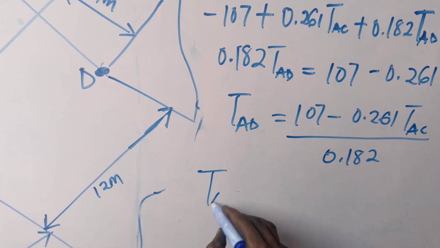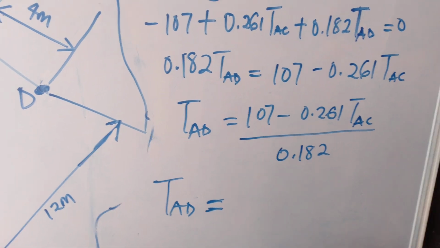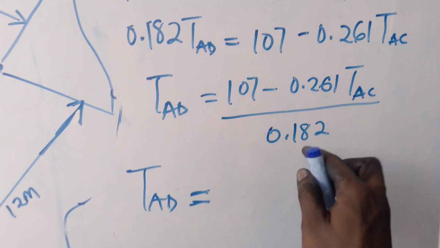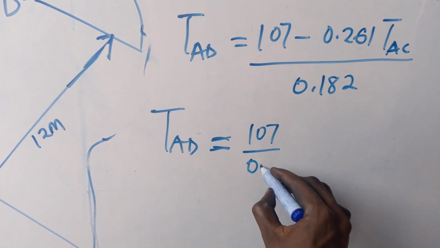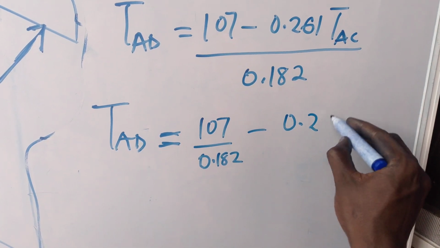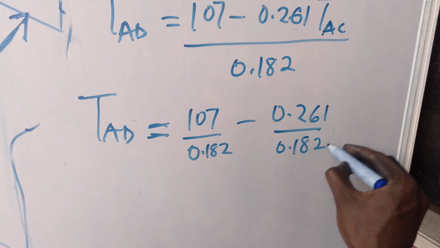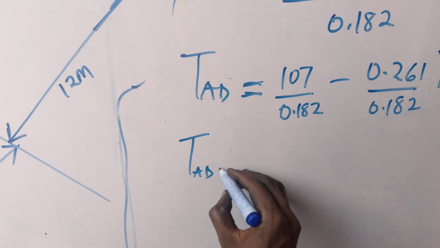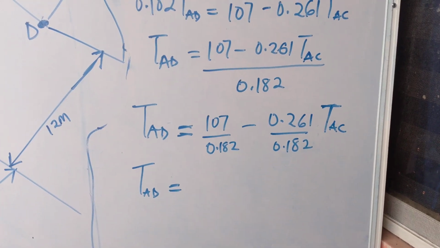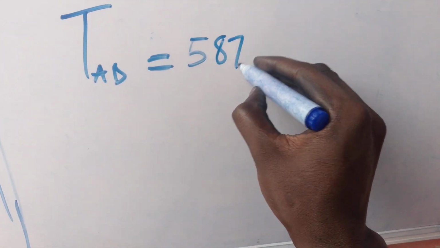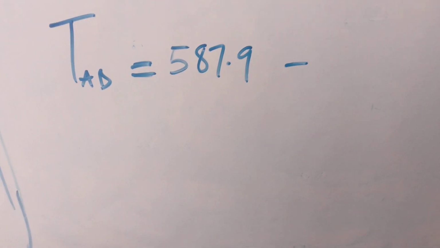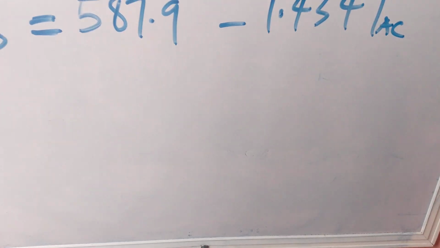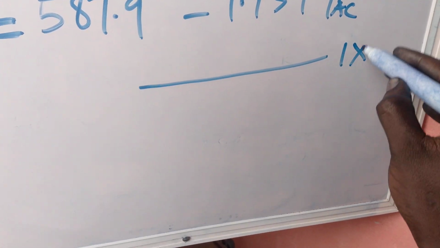So the tension TAD will be equal to 107 divided by 0.182 minus 0.261 divided by 0.182 TAC. Okay, so tension AD will be equal to 587.9 minus 1.434 TAC. I can call this one equation 9.